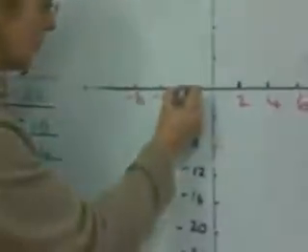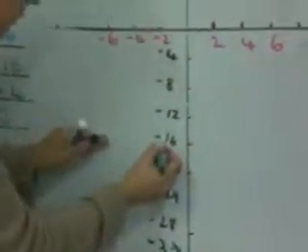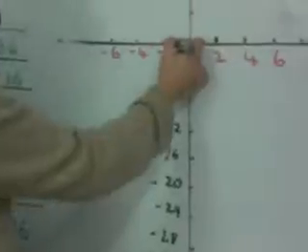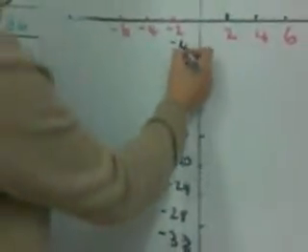Okay, now I'm going to go to minus 2 for x and minus 16 for y. So minus 2 for x is here and minus 16 is here. Okay, and then I'm going to minus 1 for x, minus 1 for x is here, and then minus 4 for y, which is here.